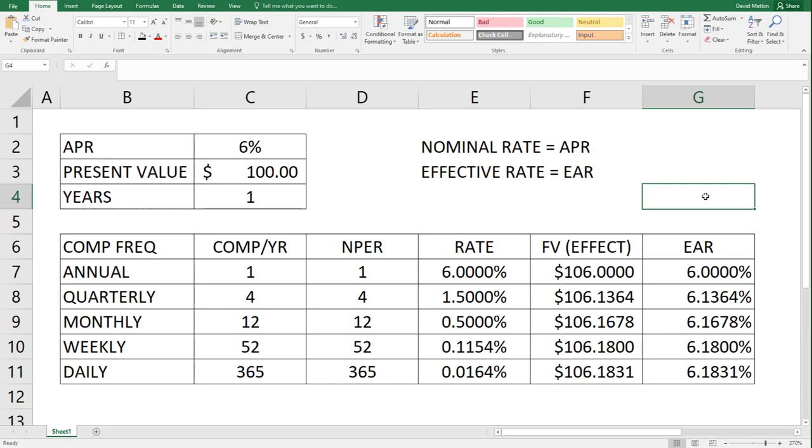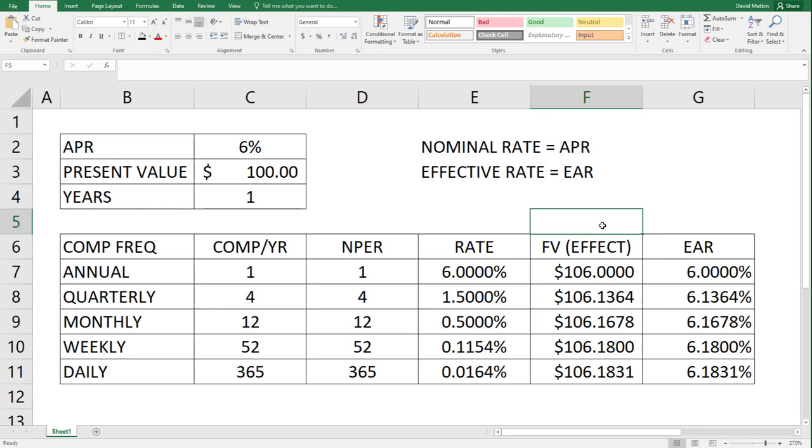Now, the difference between 52 or weekly compounding and daily compounding is not really substantively significant here, at least not over 1 year. But the more frequently we compound, still the more the dollar will actually grow, and the future value calculation will represent the true effective growth of that dollar.